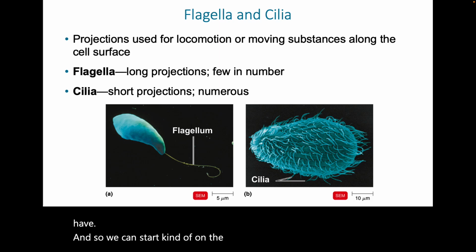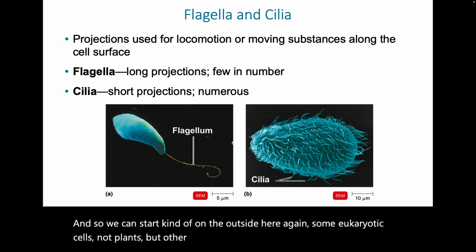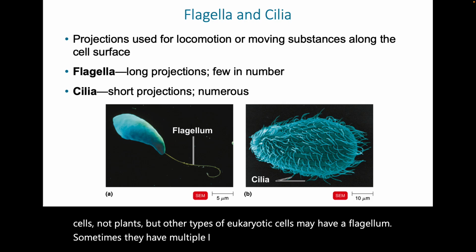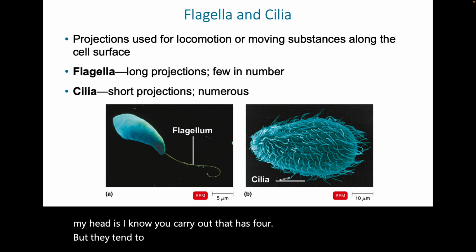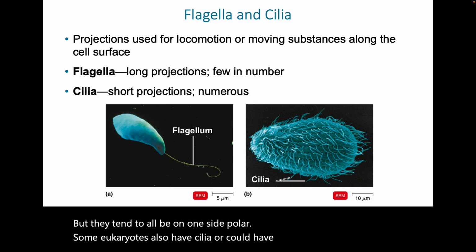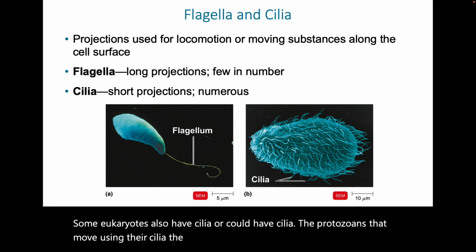Again, some eukaryotic cells, not plants, but other types of eukaryotic cells may have a flagellum. Sometimes they have multiple. The most that I can think of off the top of my head is a eukaryote that has 4, but they tend to all be on one side, polar. Some eukaryotes also have cilia. The protozoans that move using their cilia, the ciliates, are totally covered in cilia.